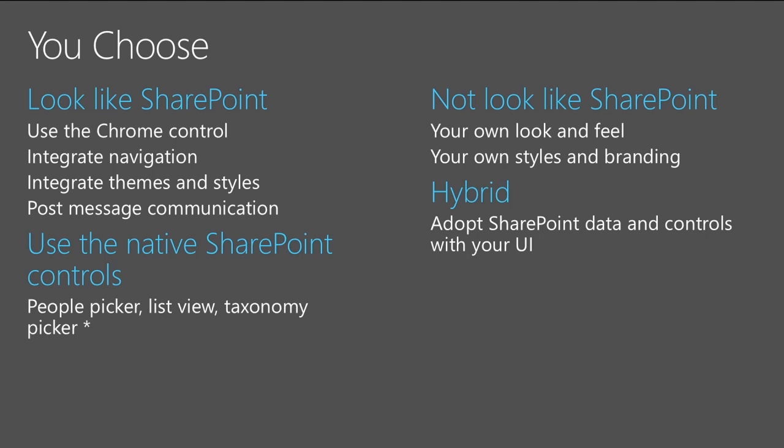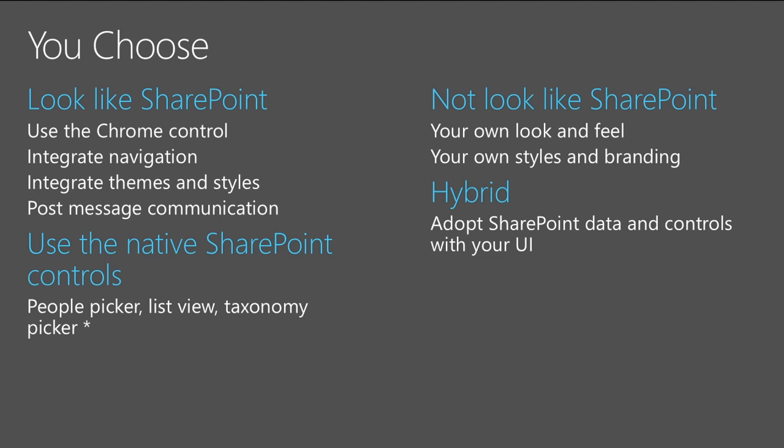The final thing is, when you think about things like the app parts, it is a framed element, and what happens if the data in it grows? What happens there? So we provide you a mechanism to say, hey, I need more room. So you can actually have your page request more space on the page that it's hosted on through a post-message communication, and we'll take a look at that.